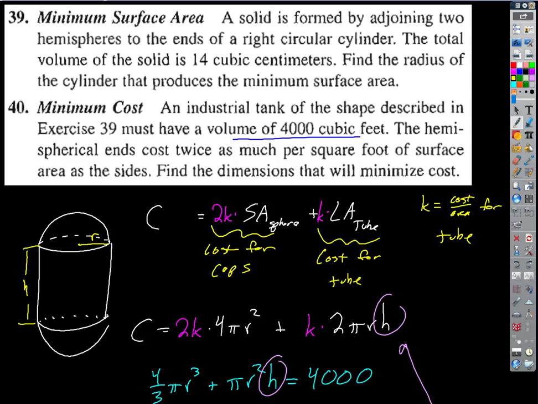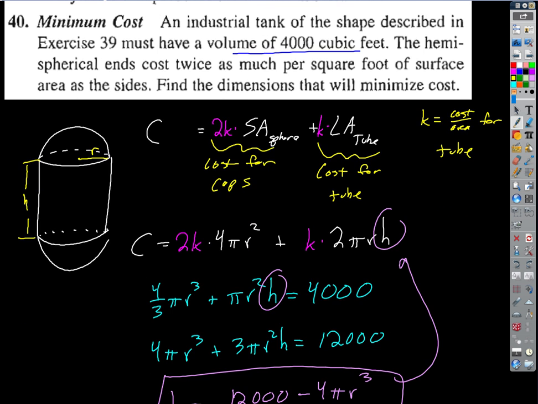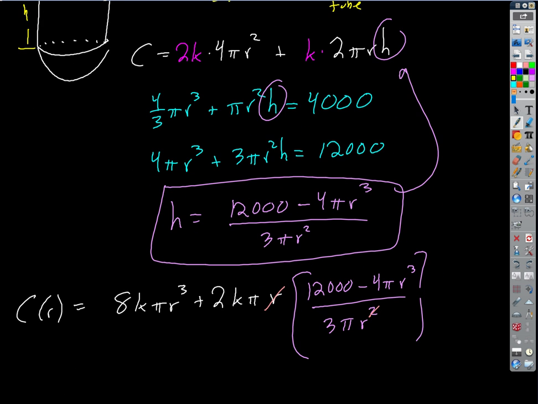We want to know, but it says find dimensions. Okay, so how would we find H? Plug that R back into there, right? So what does that give us real quick? If we just plug in 3.266.